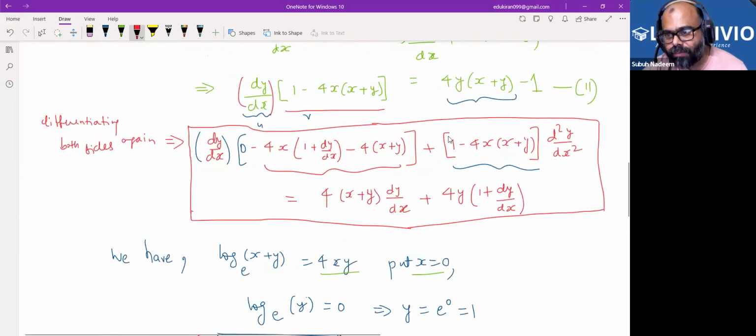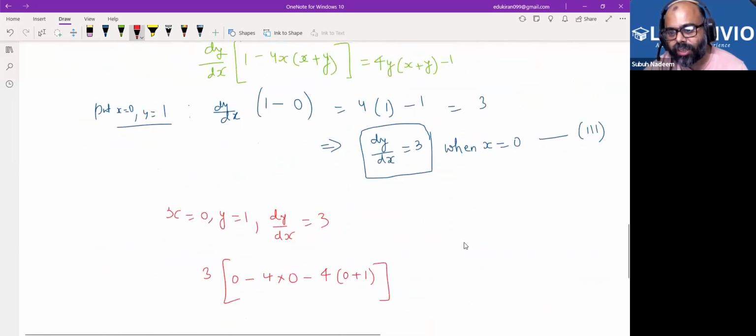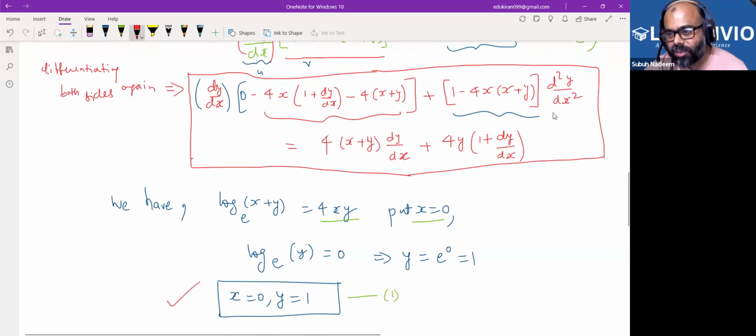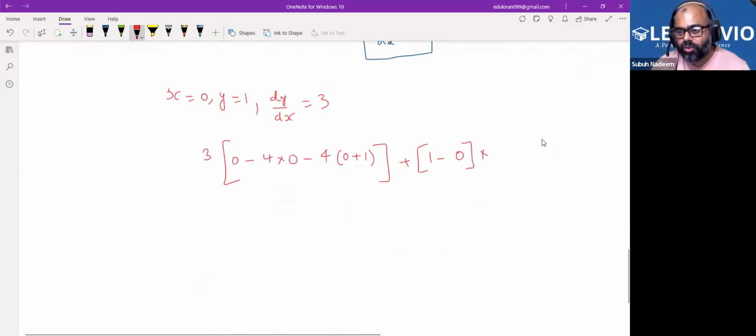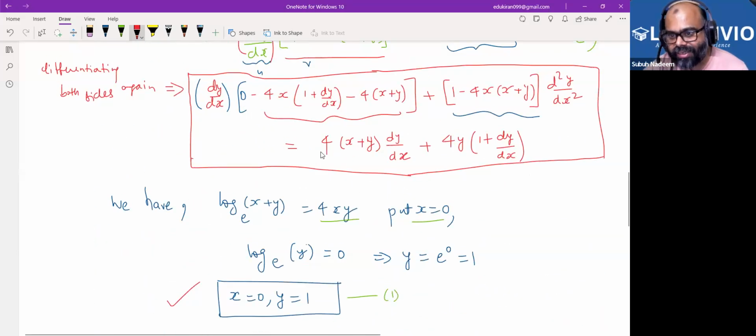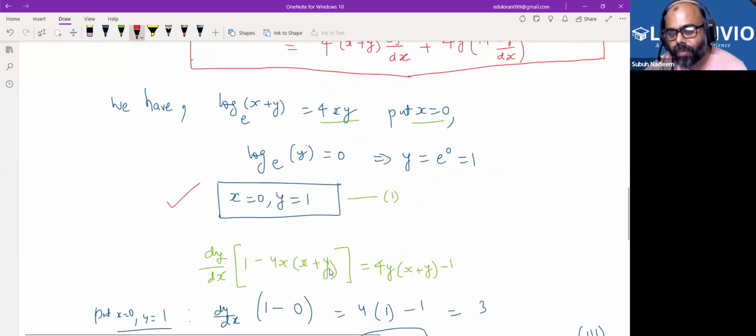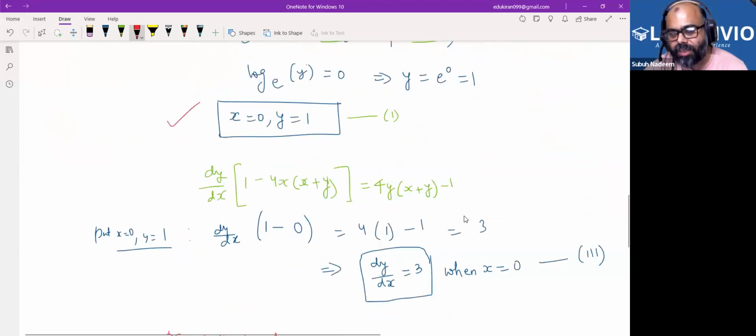And then we have plus (1 minus 4x) into (x plus y) will be 0 into d2y by dx square. So d2y by dx square we don't know. That is what we have to find out when x is 0. Right side: (4x plus y) dy by dx. So (4x plus y) dy by dx is 3. So into 3. Plus 4y (1 plus dy by dx).